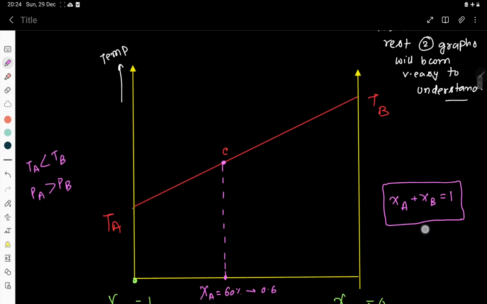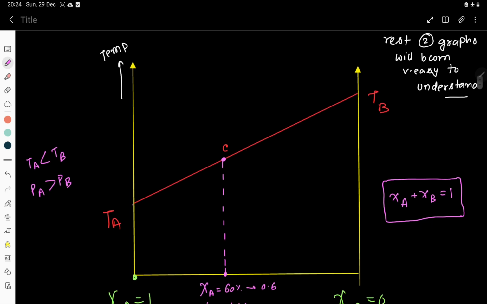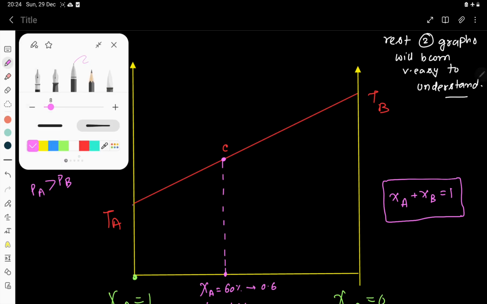Now if I ask you what will be the composition of liquid phase and what will be the composition of vapor phase, to find these, we have to draw this upward curve and lower or downward curve.